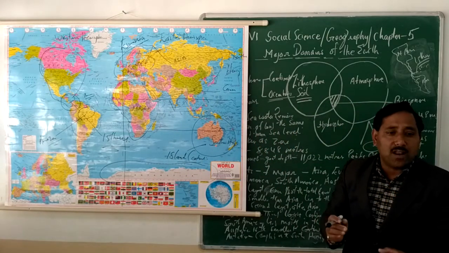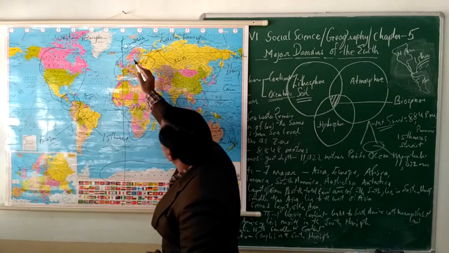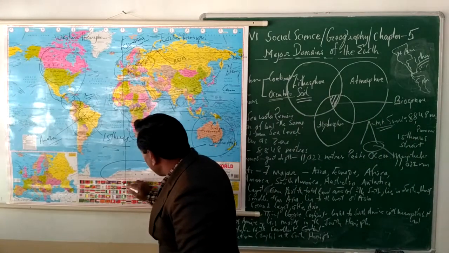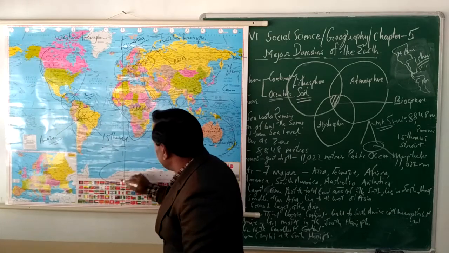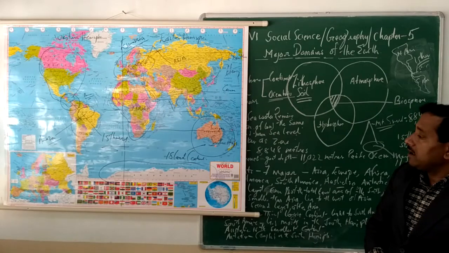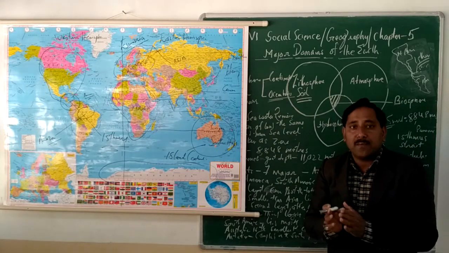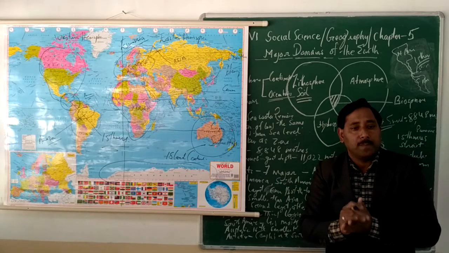So the South Pole lies almost at the center of this continent. This is the South Pole here, and it lies at the center of Antarctica. You need to look at the world physical map so it will be more clear to you.